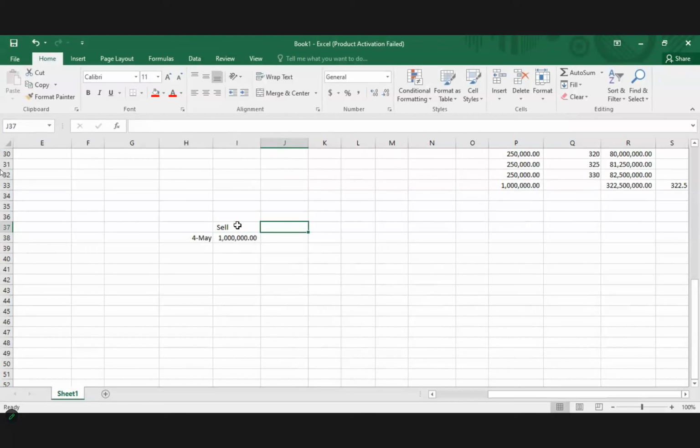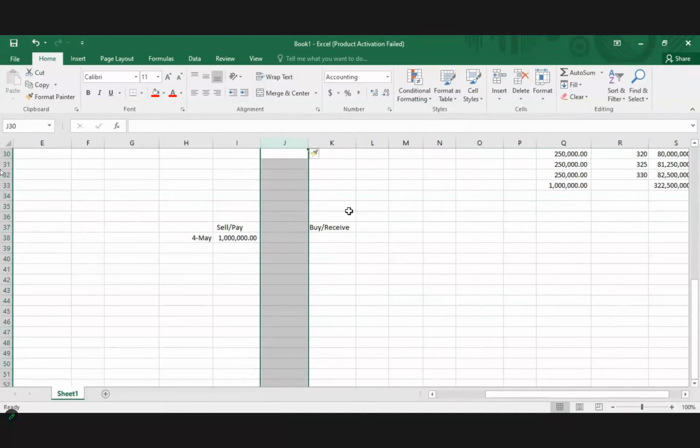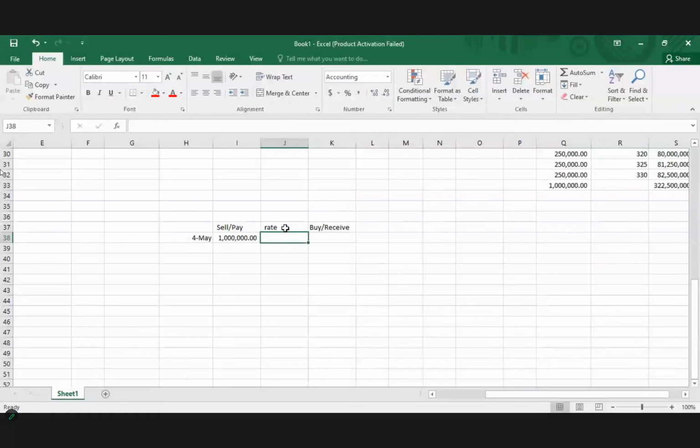Sell, or I also basically will put the word pay. This is buy, receive. Let's say this is the rate at which we have transacted, exchange rate.